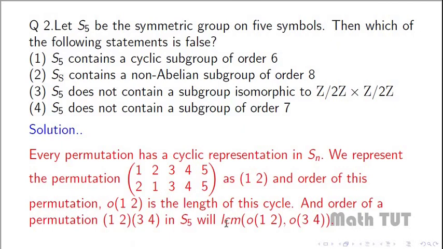So here you get the order of (1 2) and the order of (3 4), and their LCM. The order of (1 2) is the length of this cycle, that is 2. The order of (3 4) is again 2. So the LCM of 2 and 2 gives you 2. So this element has order 2 in S5.